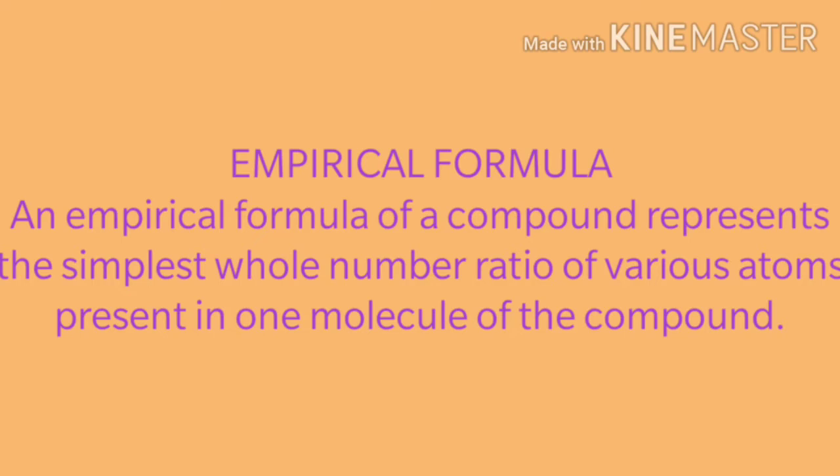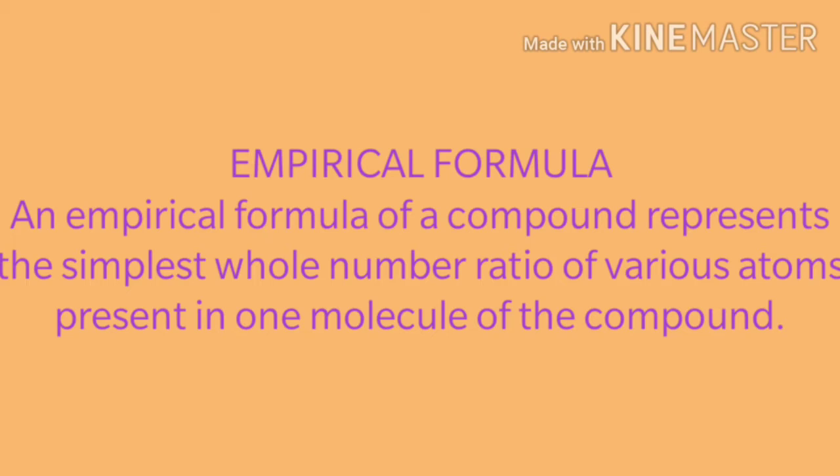The simple ratio is 2:2. So when you find out the simple ratio, then it is C:H, C ratio H. So that is the simplest ratio. So the empirical formula shows the simplest whole number ratio of various atoms present in one molecule of the compound.